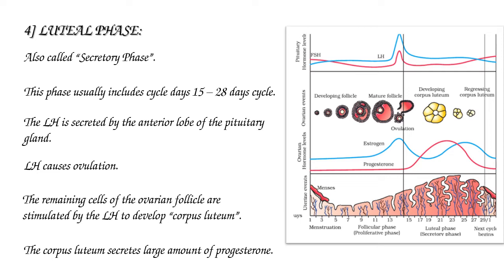Now let's see this diagram. In the previous slide we discussed that ovulation takes place on the 14th day due to the production of LH. The high level of LH causes ovulation, and the luteal phase, that is the secretory phase, occurs from the 15th day to the end, that is 28 days of this cycle.